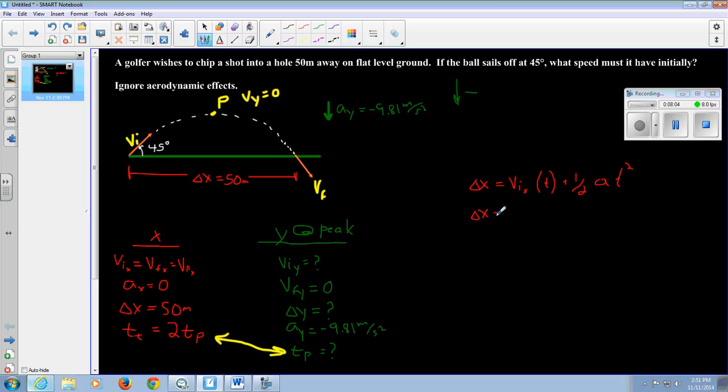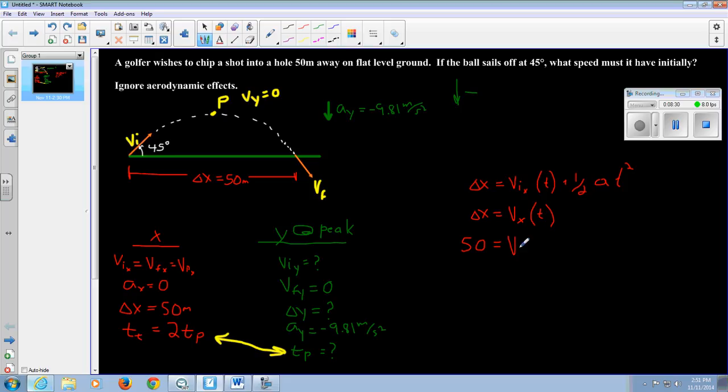And you could use either displacement equation, and you'll start to see this shake out as, well, eventually displacement is just going to be equal to whatever the velocity is in the x direction times your total time. This is going to go away and be 0, so this is your equation in the x direction. And if we plug in information for this, this is 50 for our displacement.